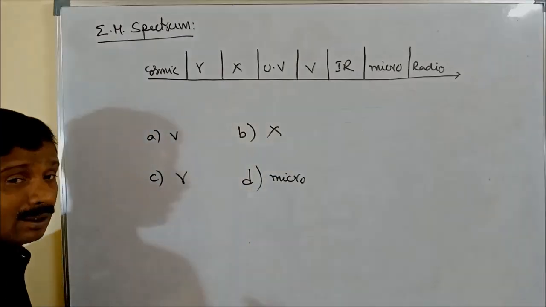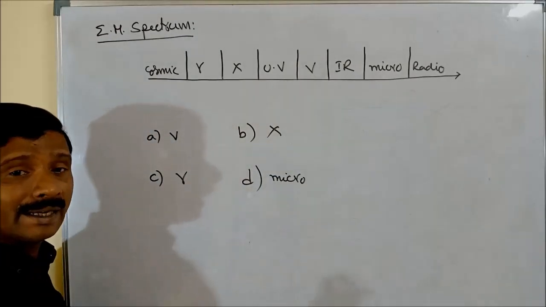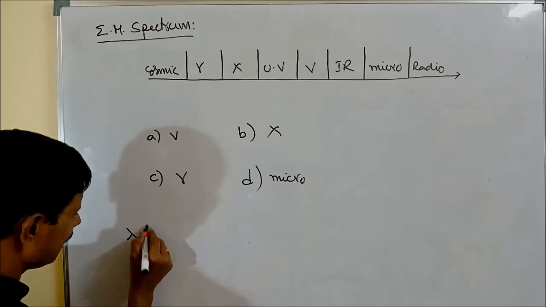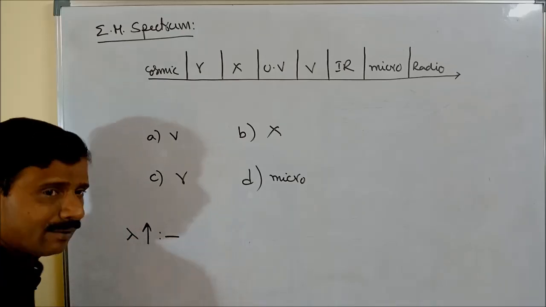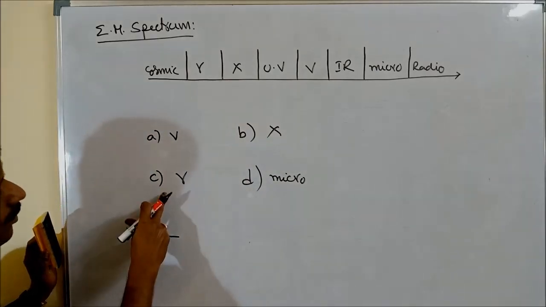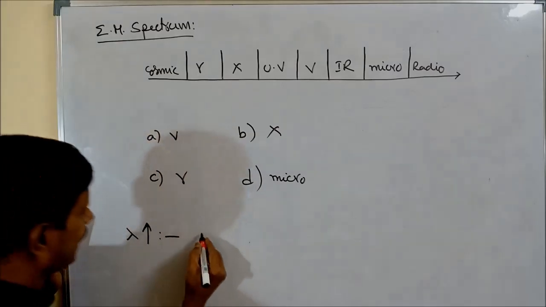And now another model, increasing order or decreasing order. Suppose you want to arrange these radiations in increasing order of their wavelength. Increasing order of wavelength means first we get gamma rays, C, which have the minimum wavelength.